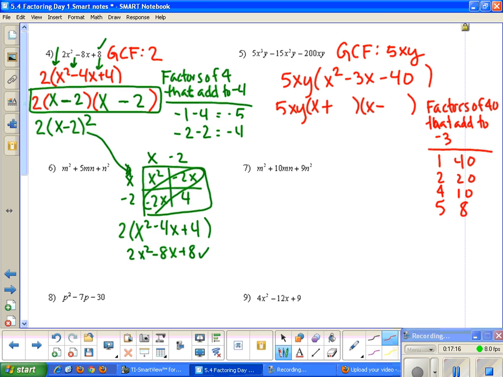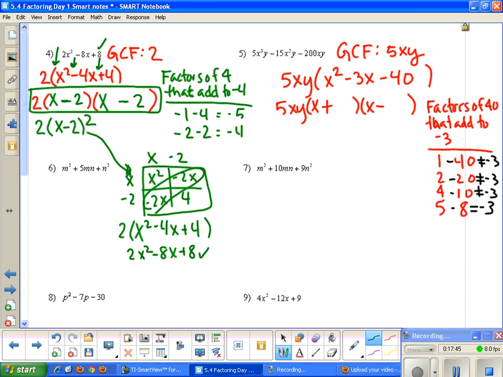So the larger number has to be negative because my middle term is negative. So this is the larger number, this is the larger number, this is the larger number, and this one's the larger number. So 1 minus 40 does not give me negative 3, so it's not going to be that one. 2 minus 20 does not give me negative 3, so it can't be those terms. 4 minus 10 does not equal negative 3. 5 minus 8, however, does equal negative 3, and that's what we need.